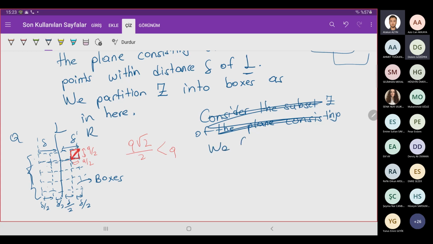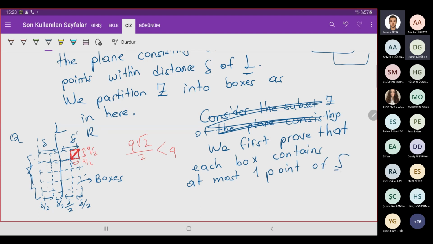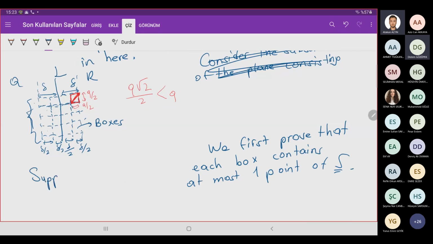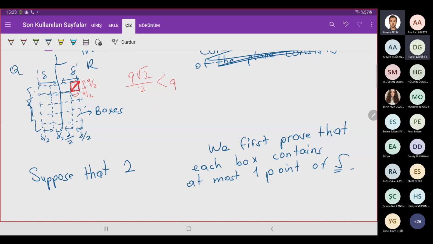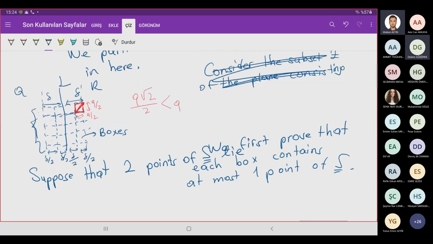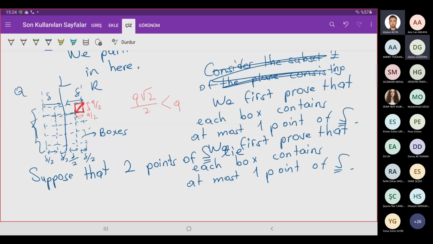We first prove that each box contains at most 1 point of S. Suppose that 2 points of S lie in the same box.